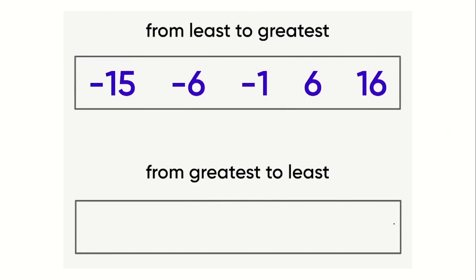Okay. What if the instruction would be changed to from greatest to least? If this was your answer a while ago, you will be starting from 16, the greatest. Next is 6. Next is negative 1. Next is negative 6. And then negative 15. Usually when we do our test, we separate each number with a comma.